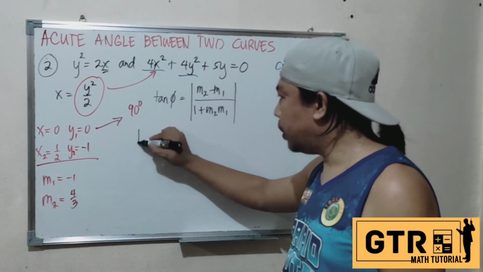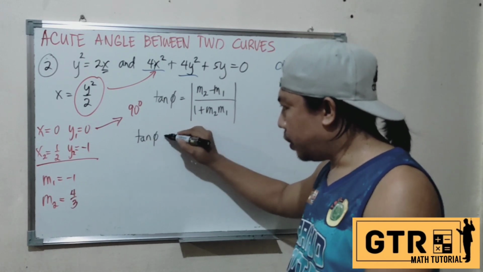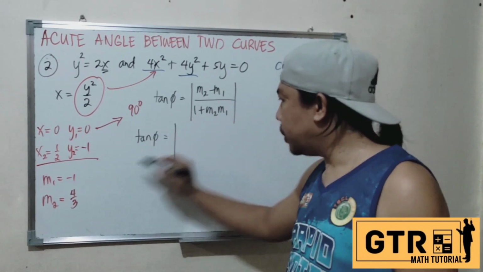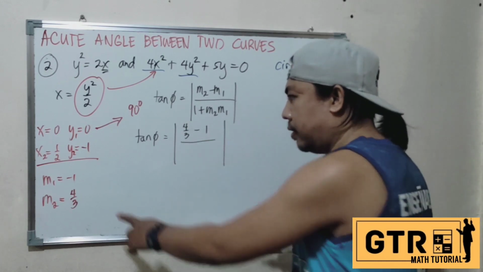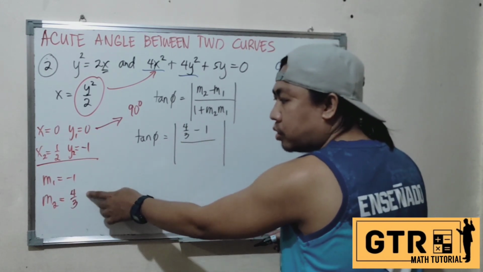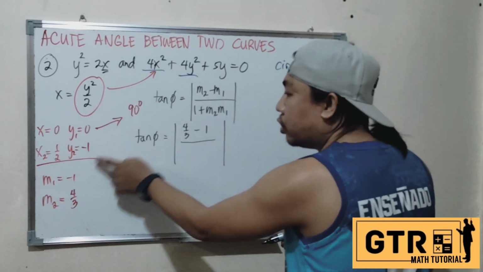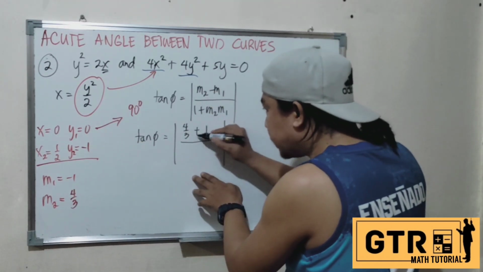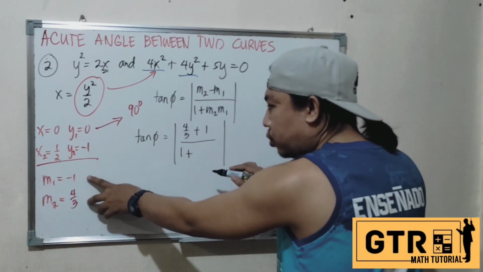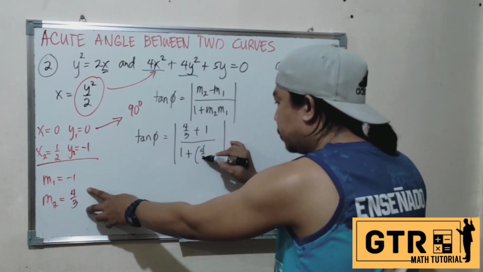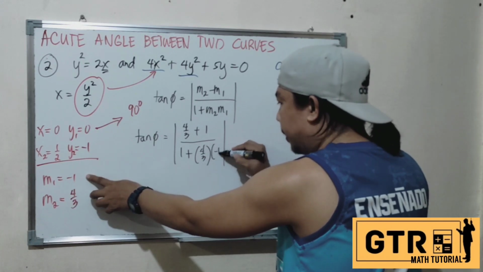So just substitute all the values that we obtained. We have m sub 2 is 4 over 3 minus negative 1. So this will become positive 1. And then we have 1 plus 4/3 times negative 1.